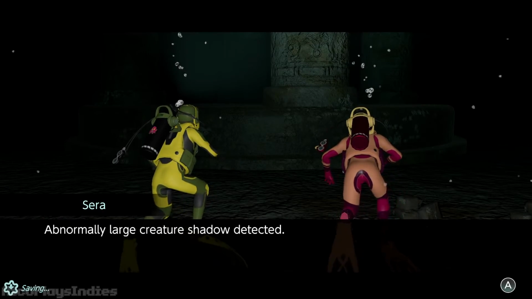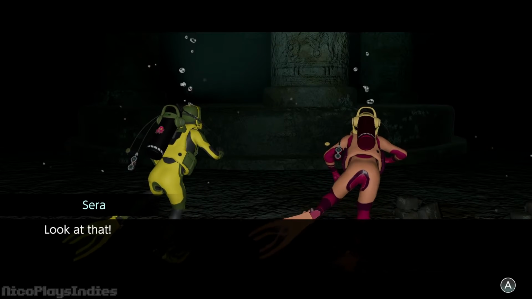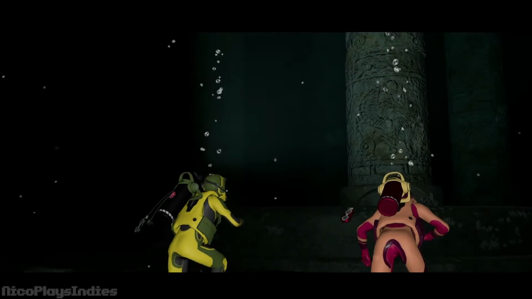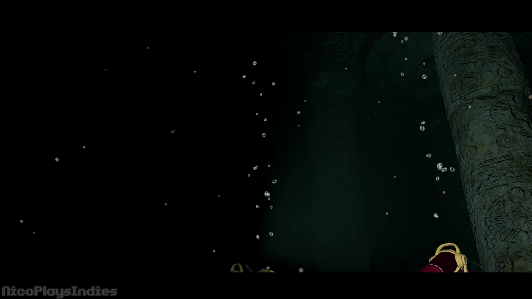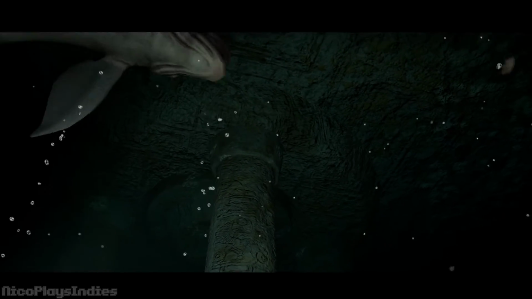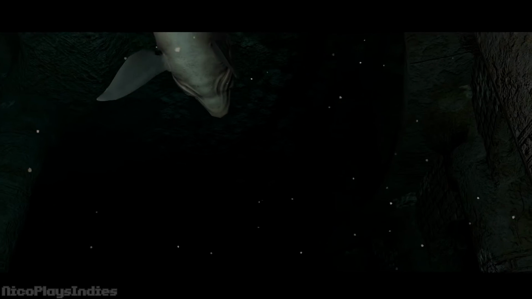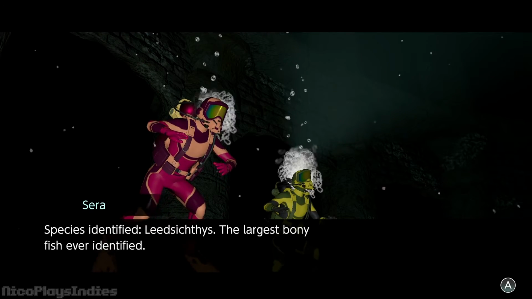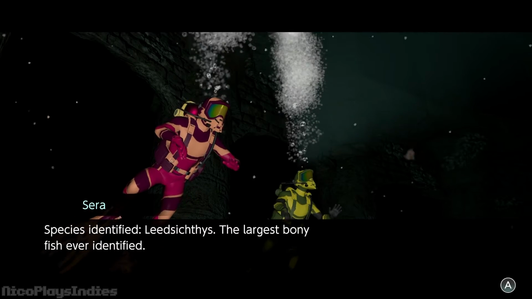Abnormally large creature shadow detected. Look at that. Species identified, Leadsichthys.